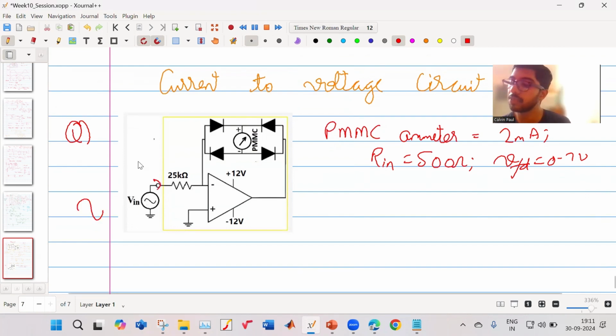So now my input is shown to be sinusoidal, so there will be some input current. What is the equation of my input current? Can you tell me?